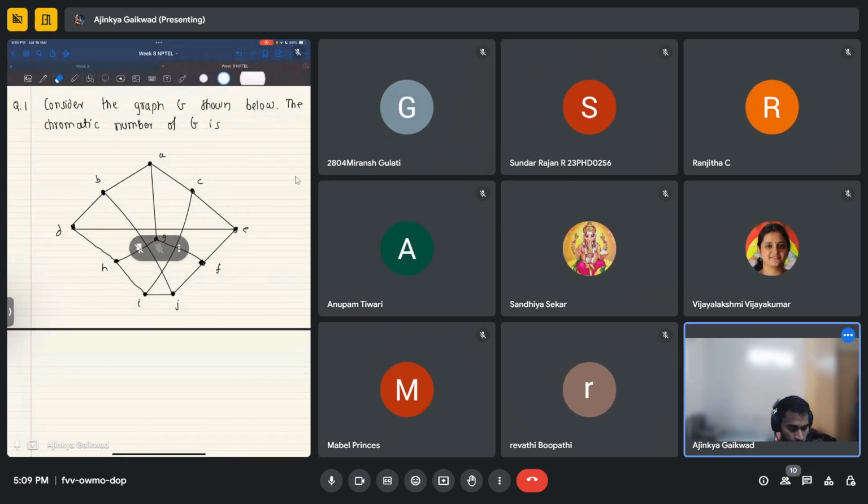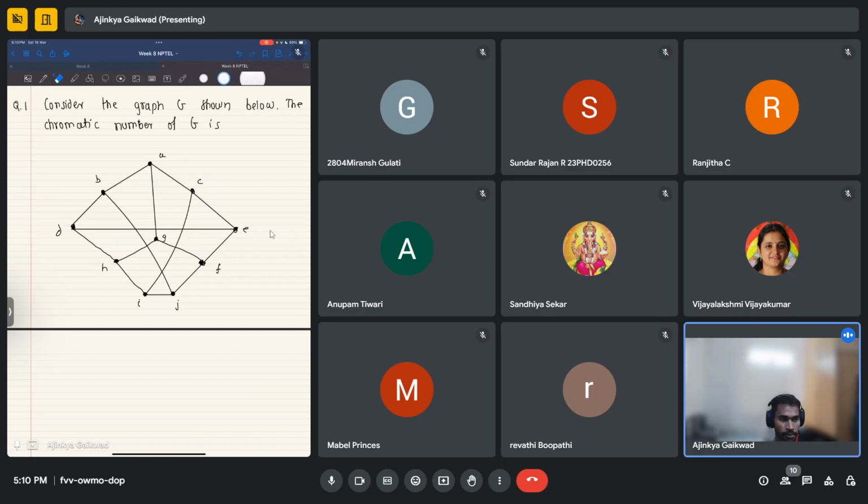So let's see. It is at least 3, that is for sure, because clearly we have a cycle. If you ignore the vertex G here, we have a C9, a cycle of length 9. And we know that if you have an odd cycle in a graph G, by odd cycle I mean any cycle whose length is odd, you will always need at least 3 colors.